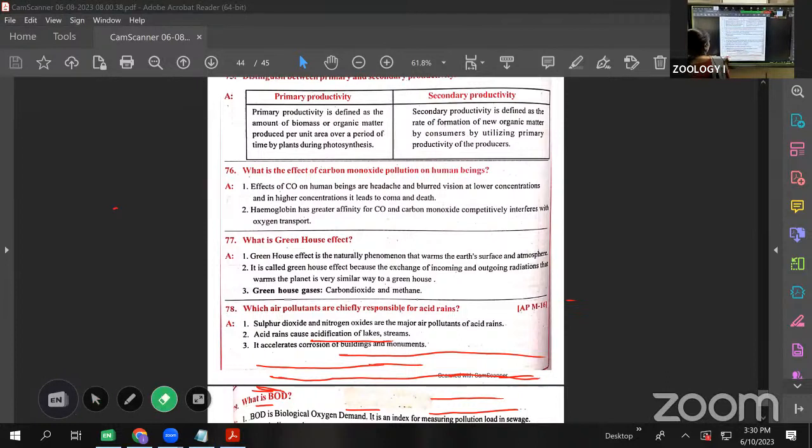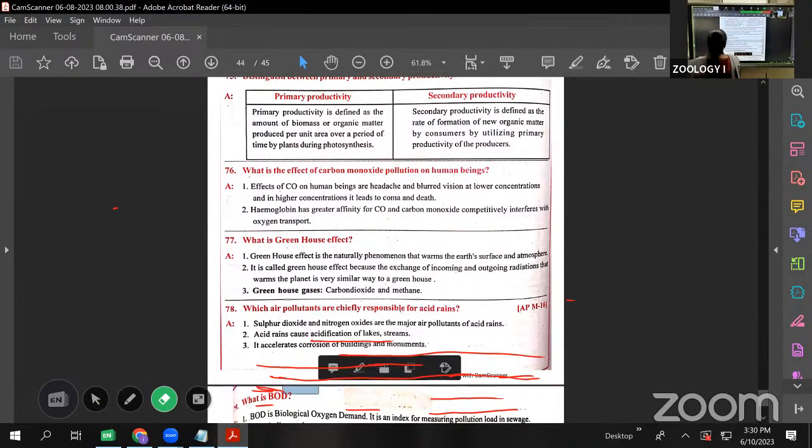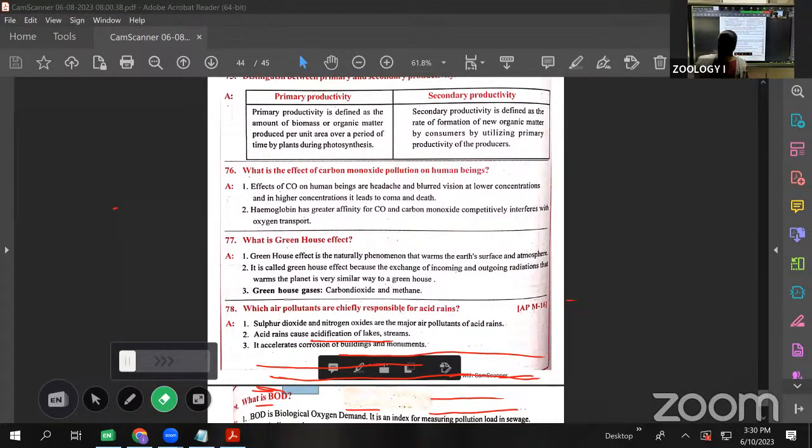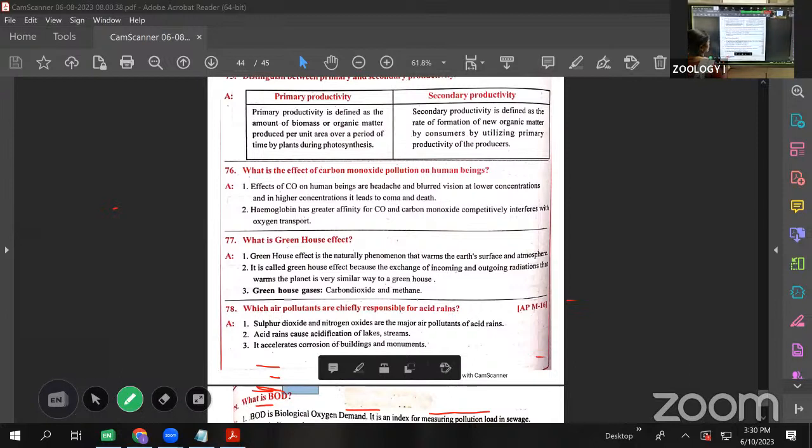Which air pollutants are chiefly responsible for acid rains? Sulfur dioxide and nitrogen oxide are the major pollutants of acid rains.